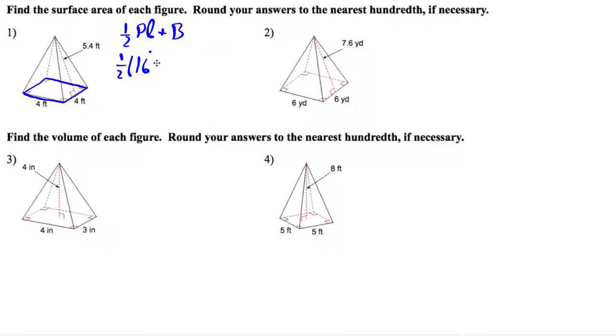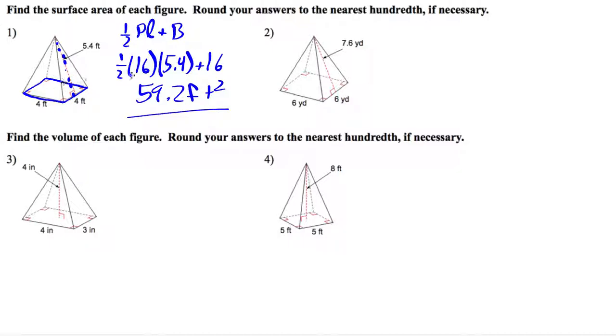So that's 16 times the slant height, which is 5.4, plus the area of the base, which is 4 times 4, which is 16. And we just have to combine them together. So half of 16 is 8. We can multiply that by 5.4 and then add 16. So we get 59.2 feet squared.